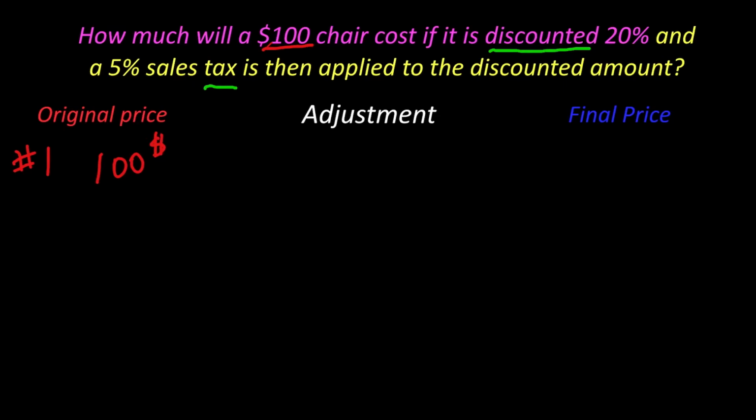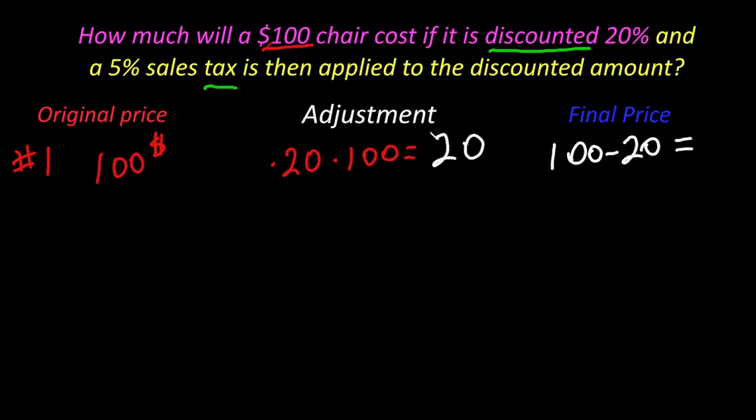We're going to find our adjustment. We apply the 20% in decimal form, multiply it by the original price of 100, and get the adjustment amount of $20. Since in part one we are dealing with a discount, we subtract that $20 from the original price and get a final price for step one of $80.